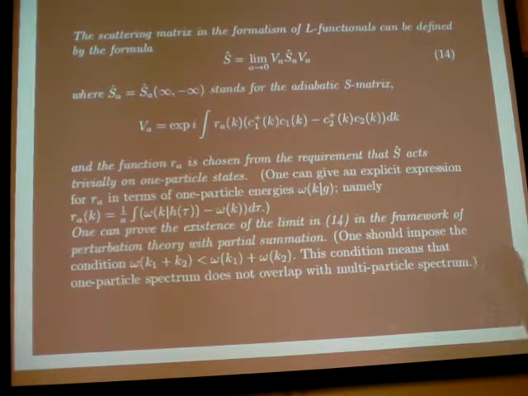What can you do? You can define adiabatic scattering matrix, and you can try to take limit when adiabatic parameter tends to 0. And of course, as in usual case, you do not get any limits.